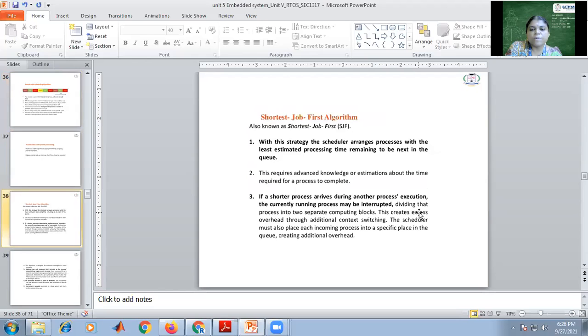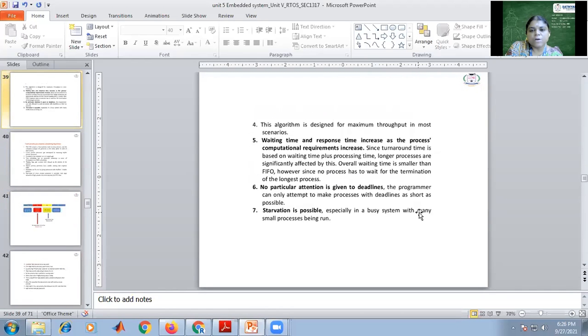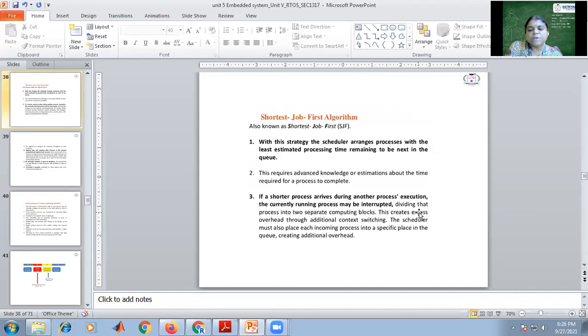Then the shortest job first algorithm. Here the scheduler will arrange the process with the least estimated processing time remaining first, to the next one in the queue, so that the one that requires less processing time will be given the chance so that it gets completed.